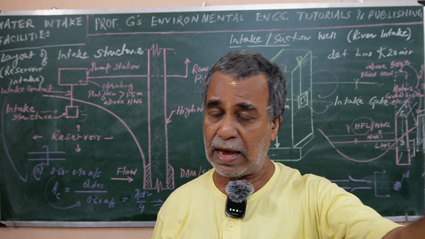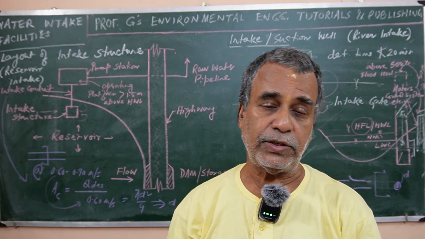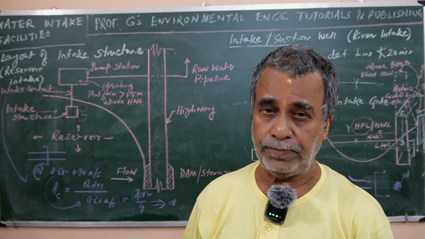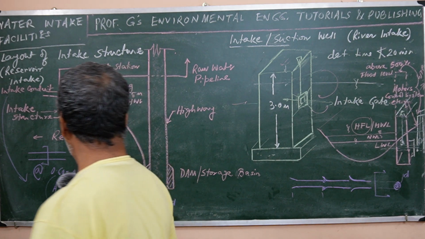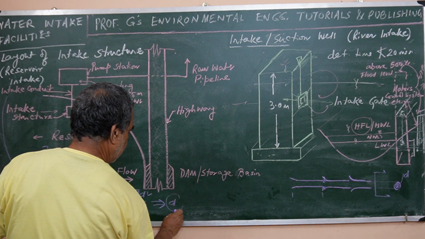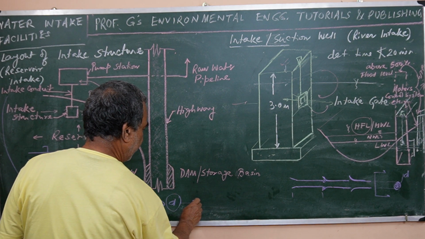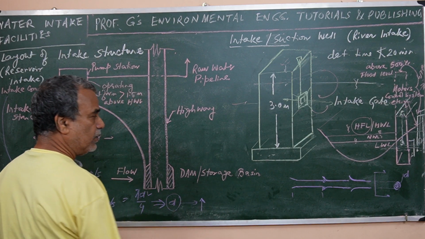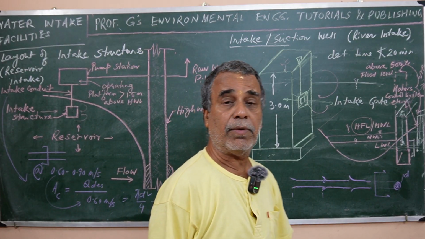Sewerage design is an absolutely different design. I'll discuss this in the next course, which will be floated after this one is completed. So this D is a calculated D, from where you will have to see the nearest available diameter in the market.